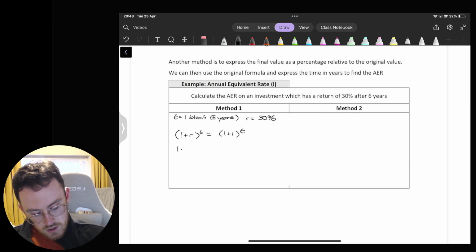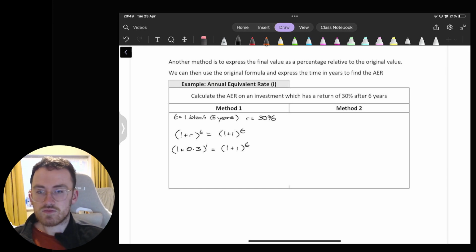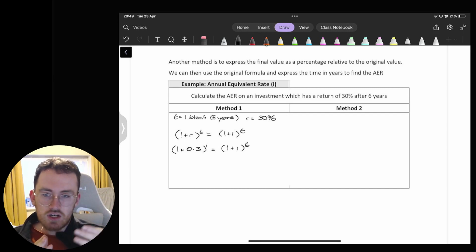We're saying 1 plus 0.3 for one block of 6 years should be the same as whatever my annual interest rate is, and that's for 6 years. So one block of 6 years as opposed to 6 individual years. The compounding period for one of them is that after the 6 years I get 30% more. The other one is each year for 6 years.